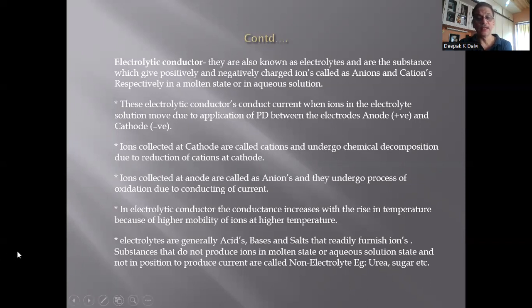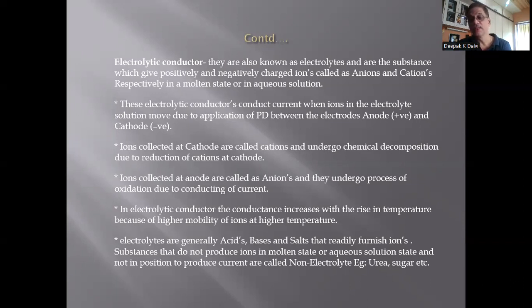Now, as I said, electrolytes are generally acids, bases, and salts that readily furnish ions. There are some substances which do not produce ions in the molten state or in aqueous solution, and they are not in a position to produce current, because they do not dissociate and will not have free charges, so they will not be able to conduct current when they are dipped in the solution.